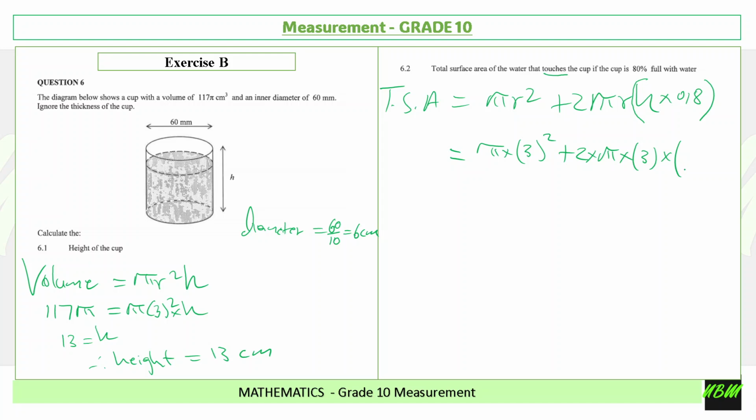We calculated in question 6.1 that it is 13 centimeters, times 0.8. Then, using your calculator, pi times 3 squared plus 2 times pi times 3 times 13 times 0.8 will give us, as a decimal, 224.31 centimeters squared.